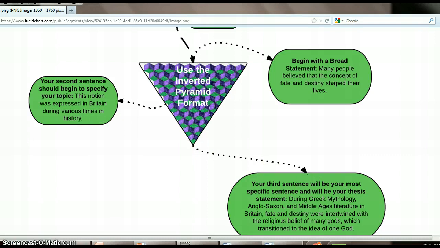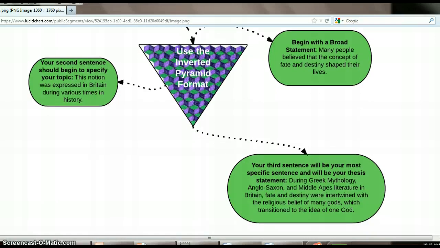And the last thing, the third sentence, is your most important, most specific statement, and it's your thesis statement. During Greek mythology, Anglo-Saxon, and Middle Ages literature in Britain, fate and destiny were intertwined with the religious belief of many gods, which transitioned to the idea of one God. And again, that's your thesis statement.